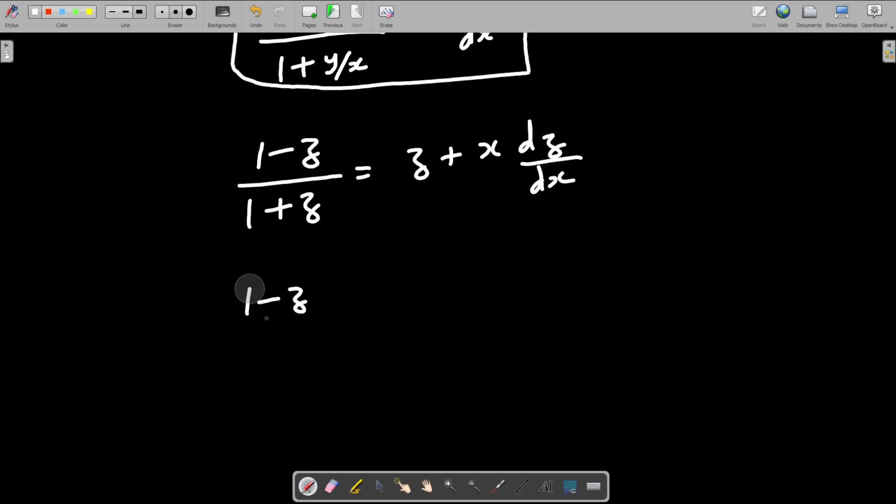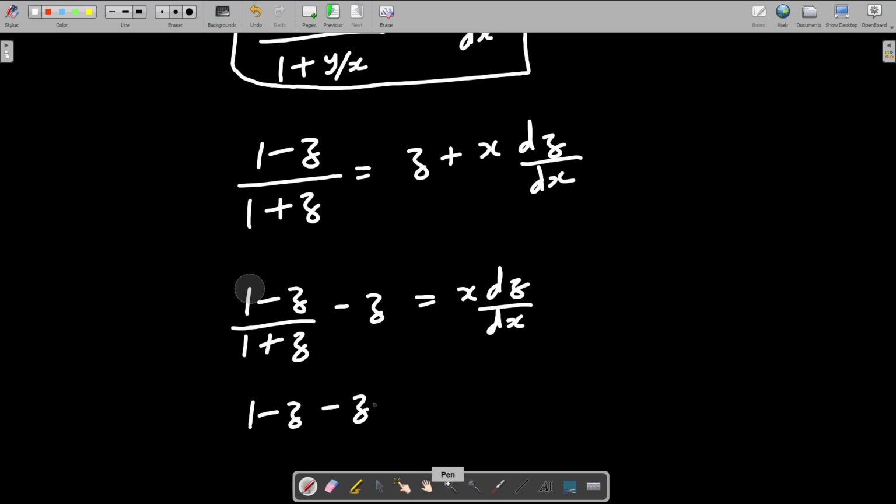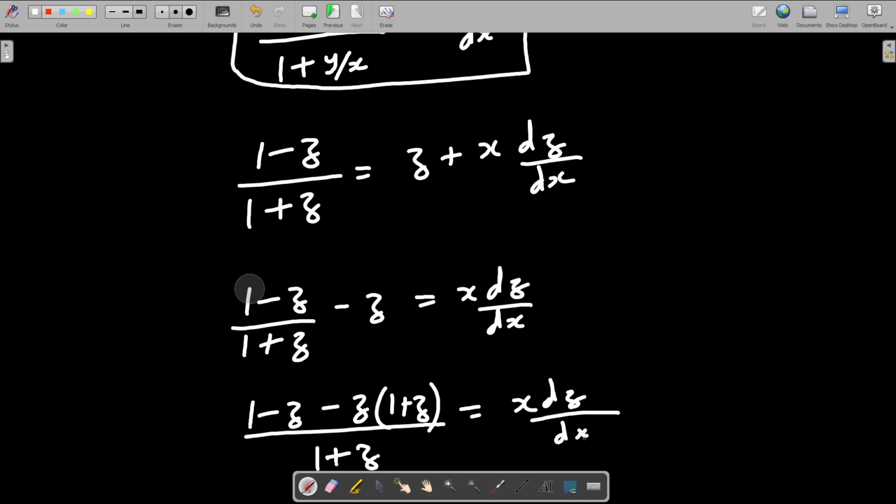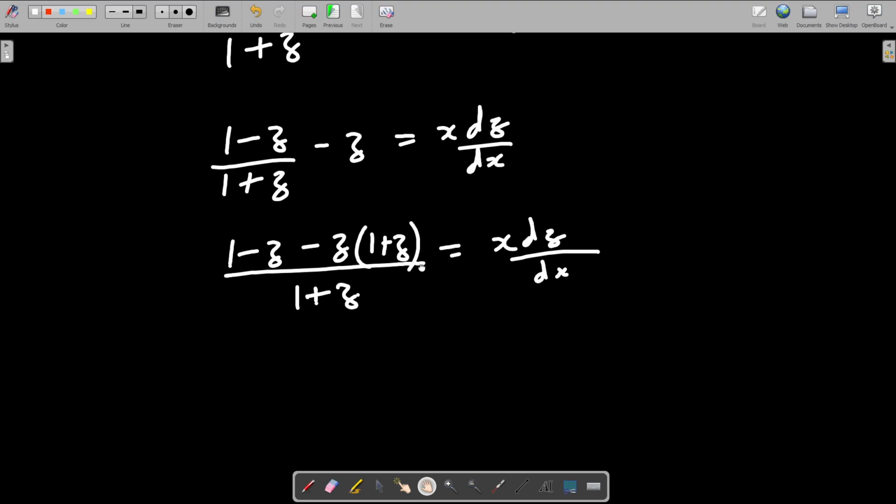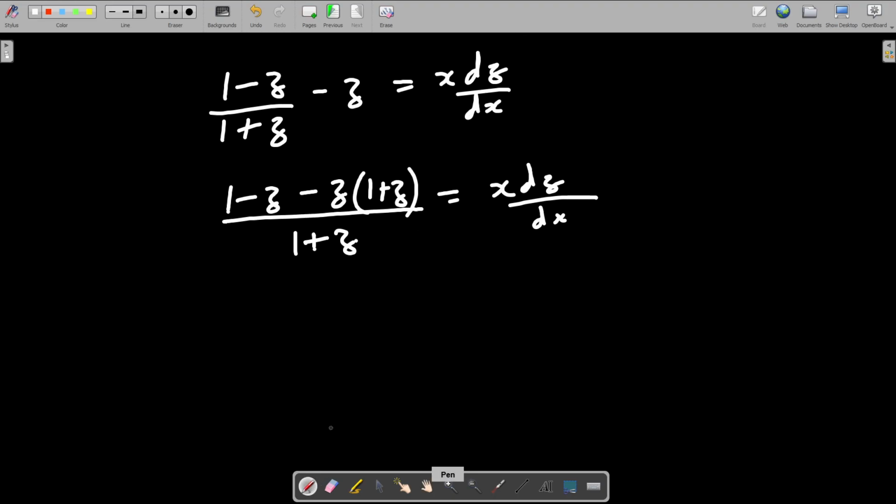Take z on this side: (1 minus z)/(1 plus z) minus z equals x dz by dx. So this will become 1 minus z minus z square.